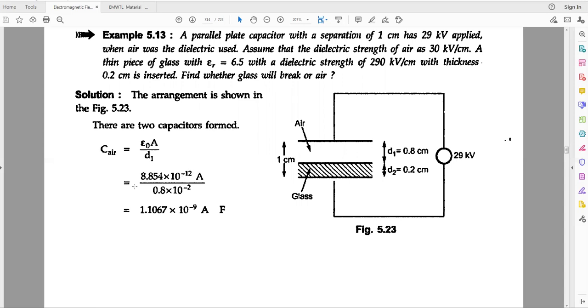A is the area of the plates and D is the distance between the two plates, that is D1, 0.8 centimeters, converted to meters, 10 to the power of minus 2. Calculating, C is equal to 1.1067 times 10 to the power of minus 6 A farads. It is not the ampere, my dear students, it's the area of the parallel plate.